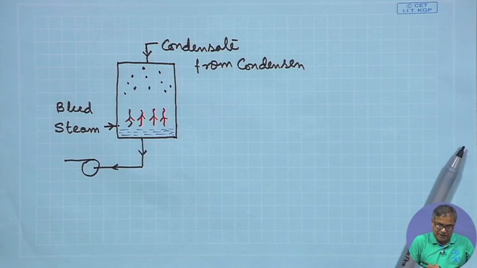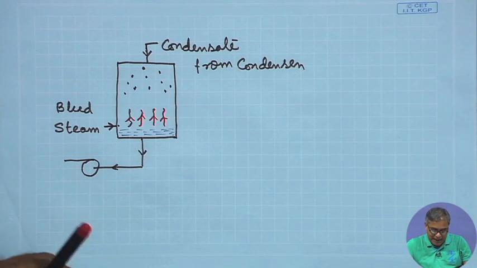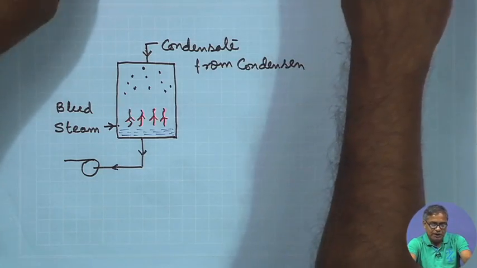So, this is the arrangement, and this kind of condensation is called direct contact condensation. In an open feed water heater we will have direct contact condensation, and by this the steam will condense, and the temperature of the condensate coming from the condenser will increase.